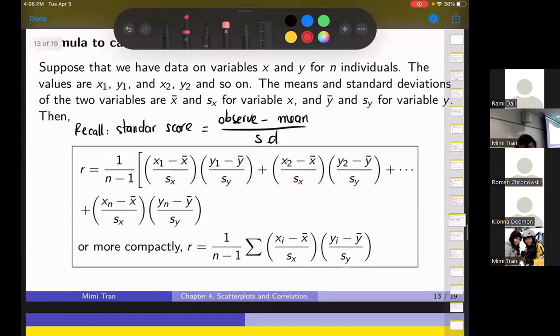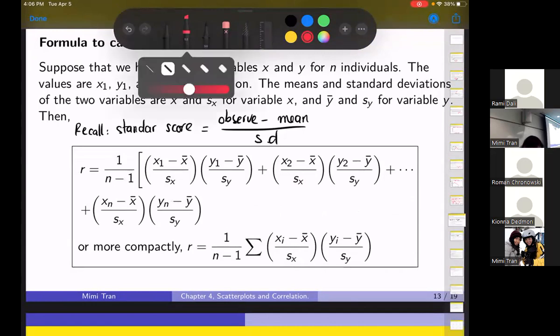More compactly, we write it like this instead of writing it all out. We use the summation to indicate the addition of those products.